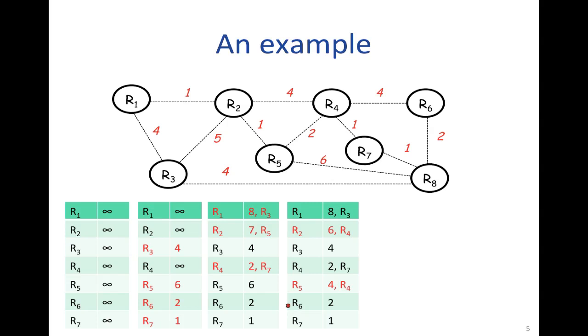Let's see what this 3-hop information is. Well, based on this, the ones that are going to change that I've shown in red here, let's focus on those. R2, which previously thought that the lowest cost path was of cost 7 going via R5, it's going to learn about this 3-hop path because R4 is going to advertise to it the value 6. And so it's going to hear about this value that it can get there at a cost of 6 going via R4.